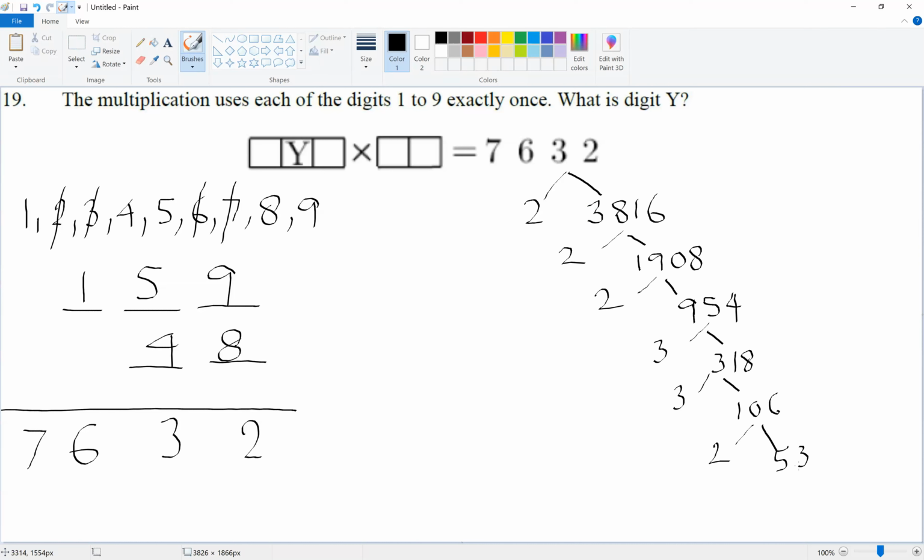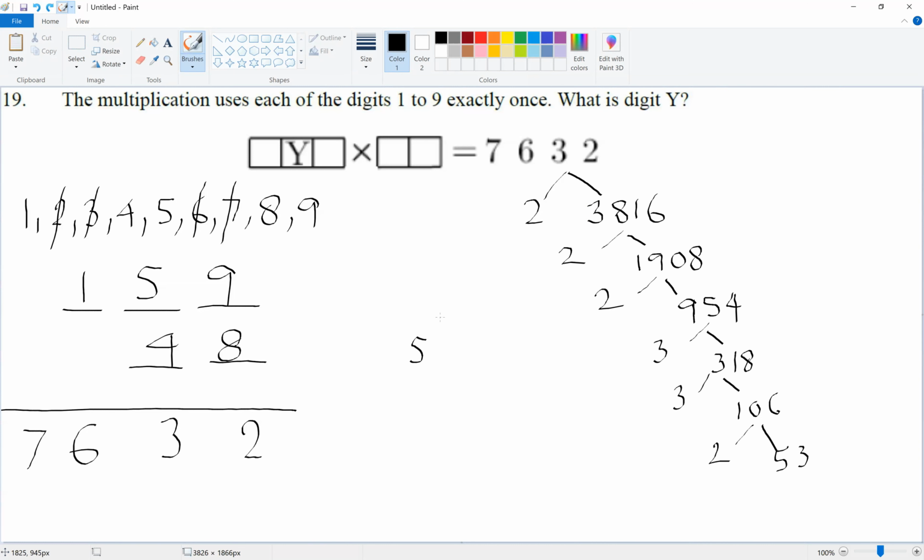So this is the breakup, and 53 is a prime number. So you can either do 53 and gather all the other numbers, which is 8, 16, and 9, which is 144. But unfortunately, we cannot use two 4s.